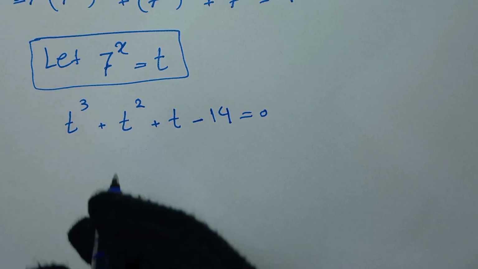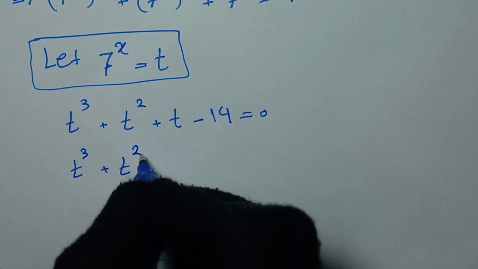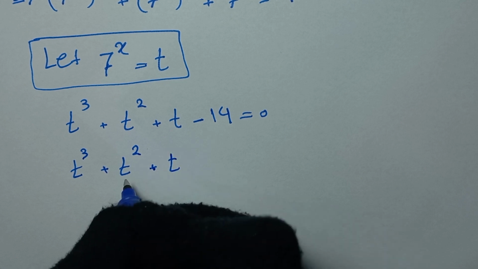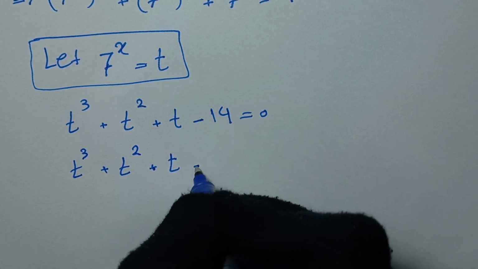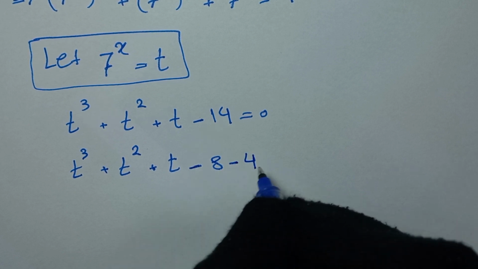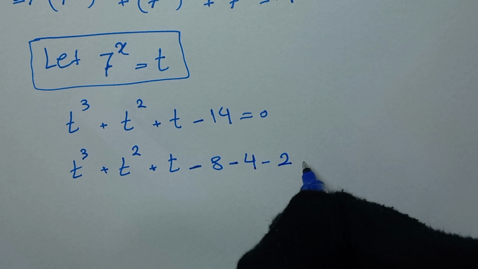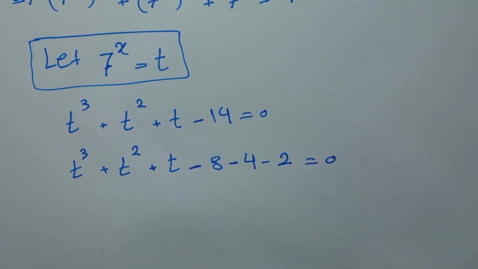And in the next step, write this t cube plus t square plus t, and here we can write this negative 14 as negative 8 minus 4 and minus 2, right? This is equal to negative 14 is equal to 0.